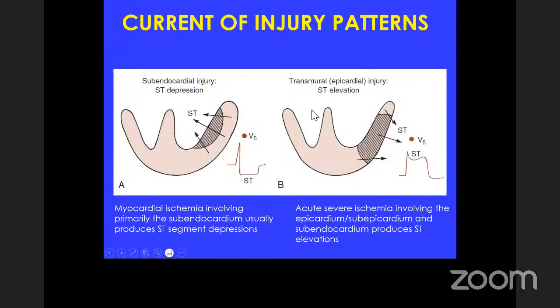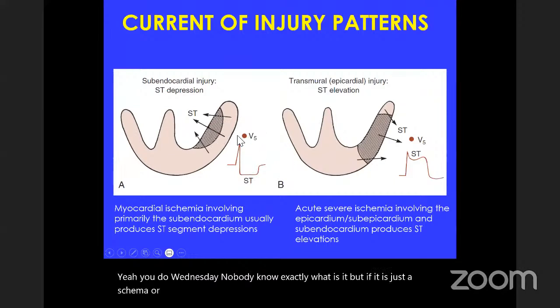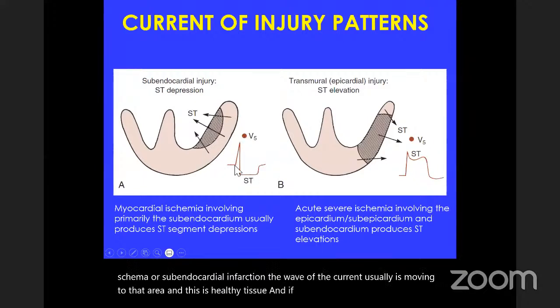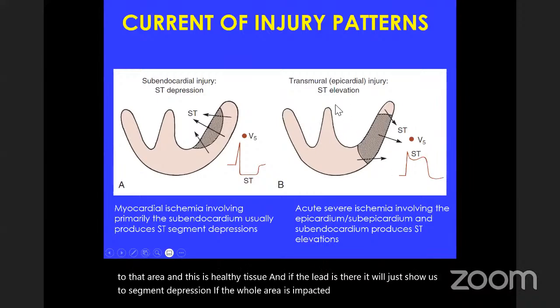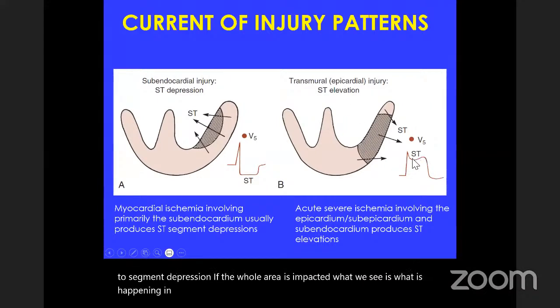To be honest, nobody knows exactly what it is. If it is just ischemia or subendocardial infarction, the wave of the current usually moves toward that area, which is healthy tissue, and if the lead is there, it will just show ST segment depression. If the whole area is infarcted, what we see is what is happening on the other side, which will present as ST segment elevation.